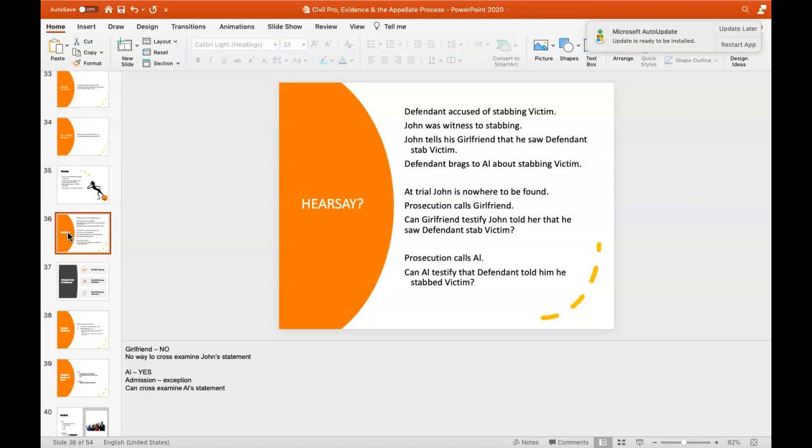Most defendants or most individuals will not run around admitting that they committed crimes, that they stabbed other individuals, unless it is true. So that is considered an admission by a party. It is, again, an exception to the hearsay rule, and the law allows it.